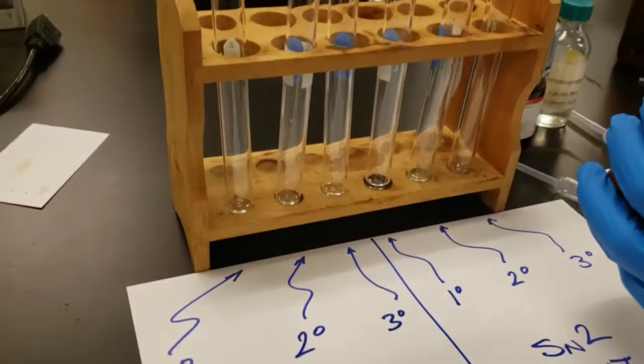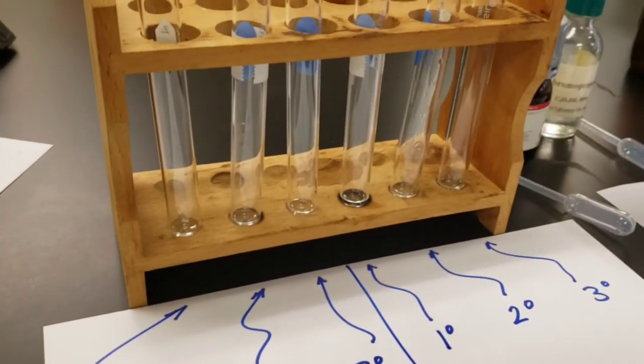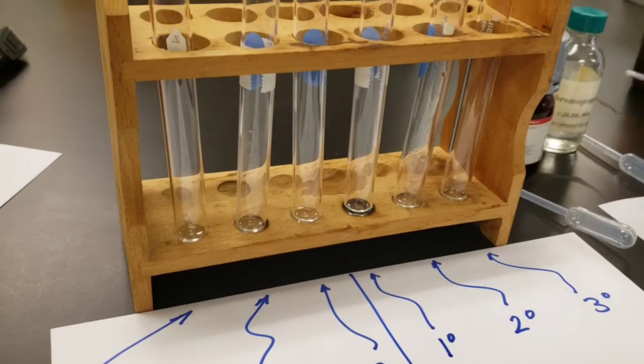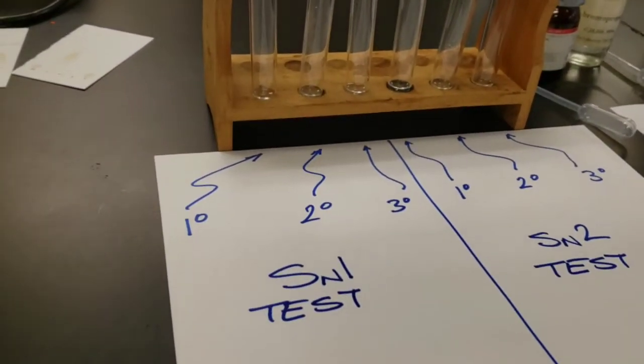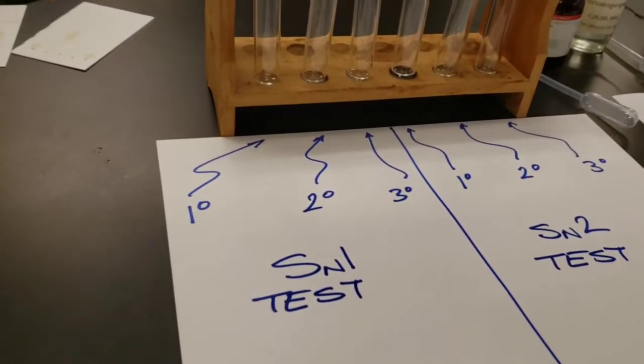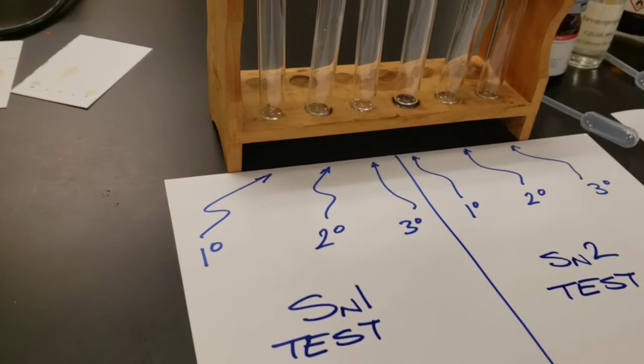We now have 6 test tubes, all with about 0.2 milliliters of haloalkane in them. To the first set of test tubes, we're going to perform a test that probes the presence of a carbocation. We're going to do the SN1 test.